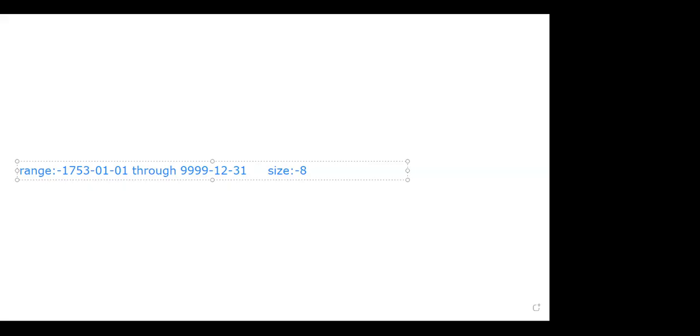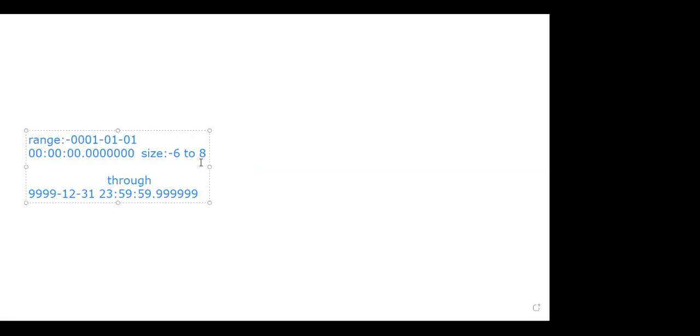Just a second. Okay, so this is one of the biggest data types in the date and time matter. So it can store lots of nanoseconds as well.